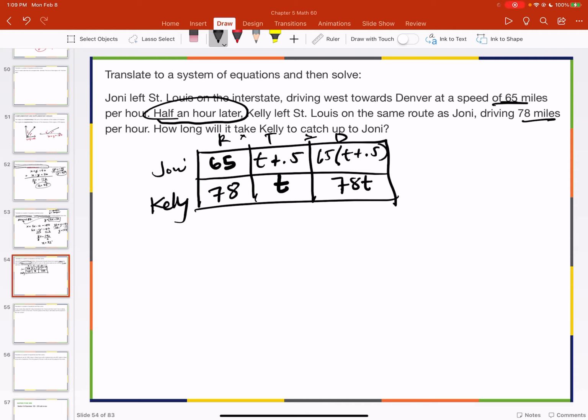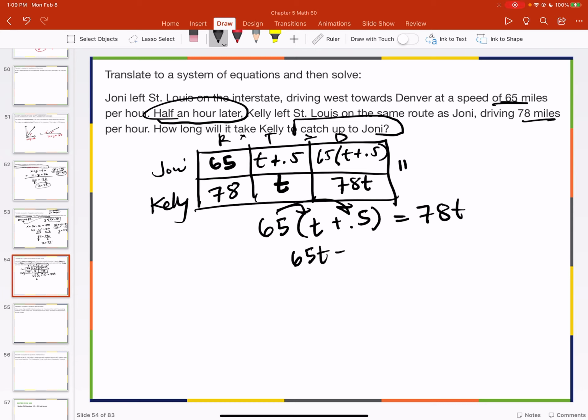And since they're trying to catch up to each other, that means the distances are going to be equal to each other. So we have 65 times the quantity T plus 0.5, and that's equal to 78T. So distribute the 65, you get 65T plus 65 times 0.5, which is 32.5, and that's equal to 78T.